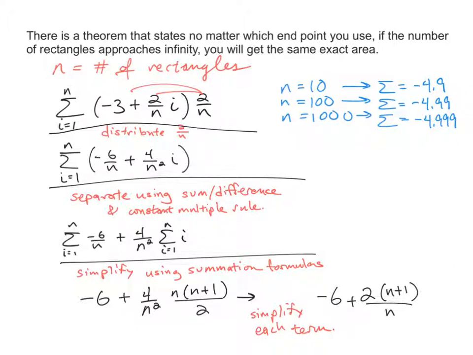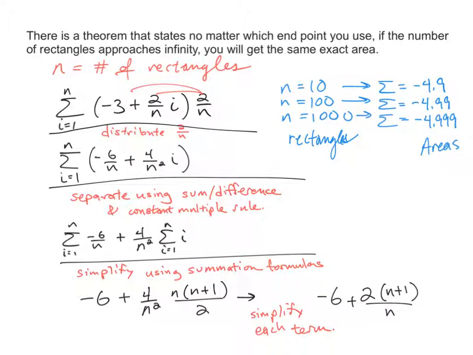these numbers we're getting back for our sums, these are areas. So when we had 10 rectangles, we got an area that was -4.9. So that's close. But if we increase the number of rectangles to 100, we get even closer to the exact area, -4.99.